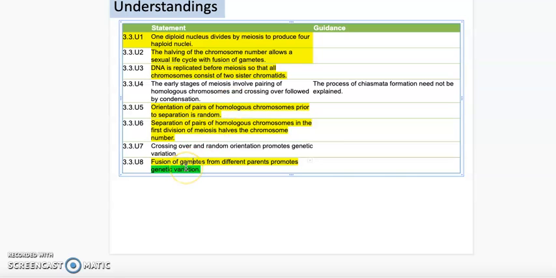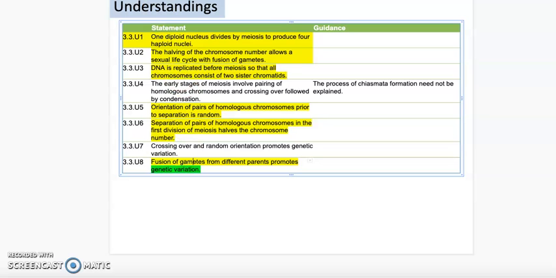So this is just saying that because different parents are contributing a random half of their genetic info. For example, your mother contributed a random half of her genetic info. Your father contributed a random half of his. And this is promoting genetic variation because of these two random halves of genetic info that are coming together to create a new organism.